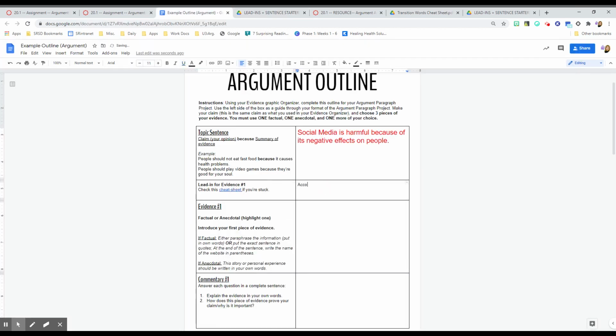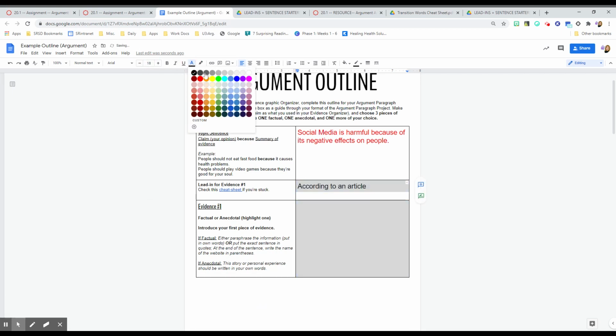So according to an article, this is one of our articles that we saw. Make this a little bit bigger. Okay, according to an article titled, this is why I asked you guys to collect your titles.